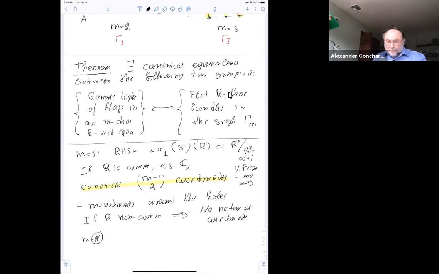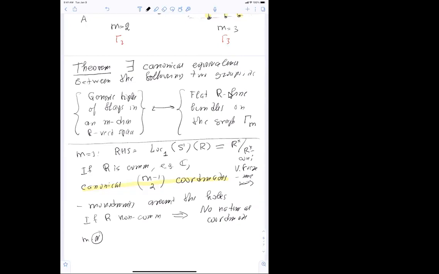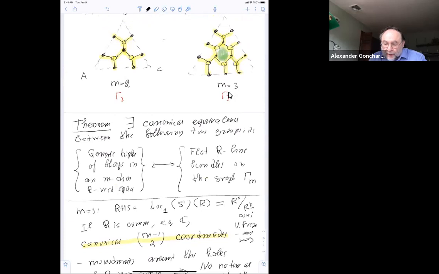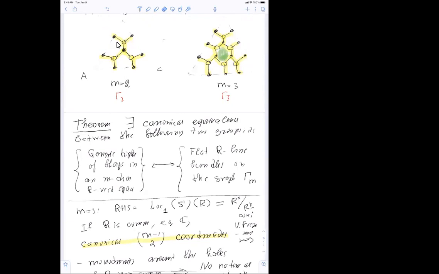Sorry, gamma M is the internal vertices, right? Like the graph in which we take the graph is a yellow one. So for example, this graph. What I mean is that this triangle, which I draw here, is really irrelevant. So this is a graph, okay? Why is it the circle S1?